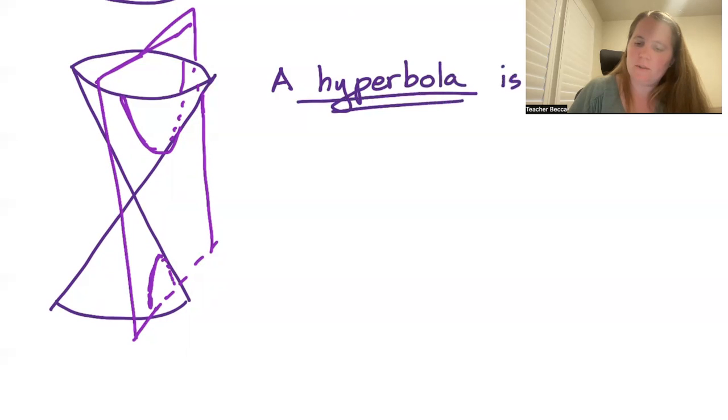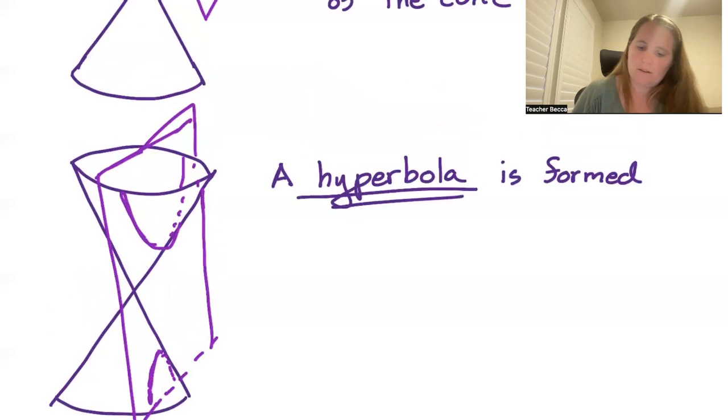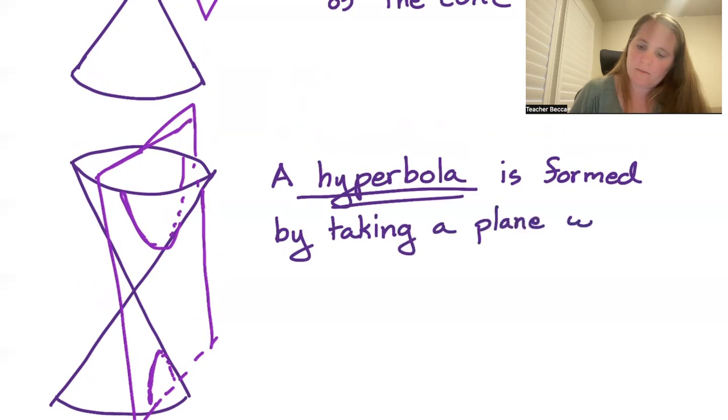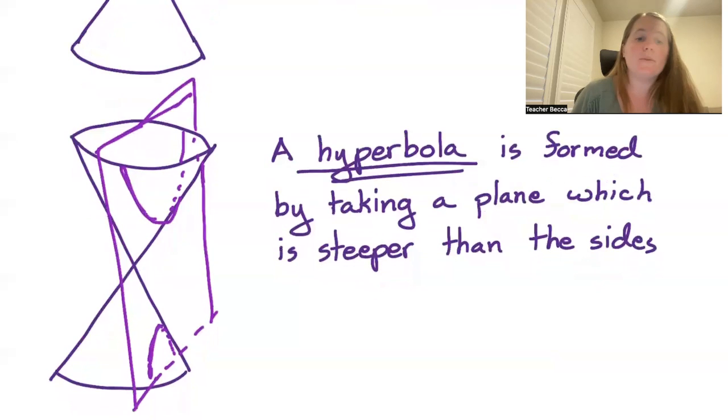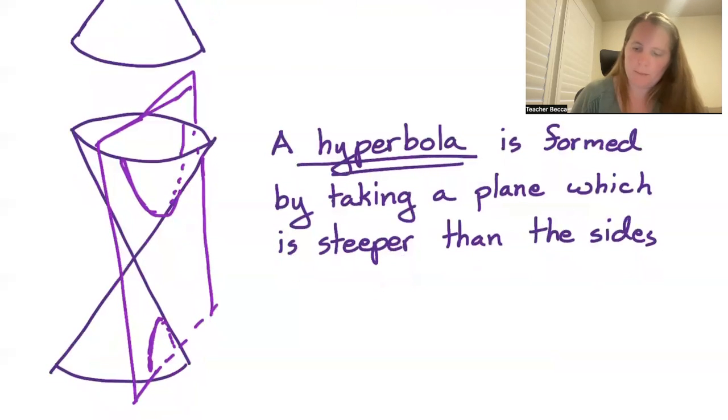A hyperbola is formed by taking a plane which is steeper than the sides and does not go through the central point or the tip.